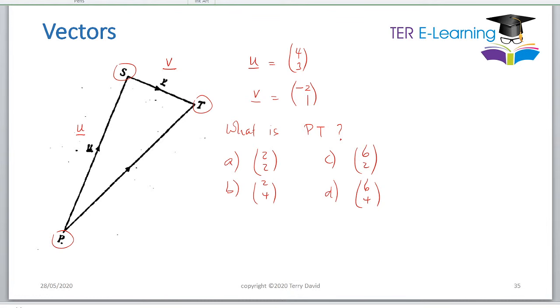Take a look at the question, look at the diagram, and see what you come up with. Give me an answer for this one.